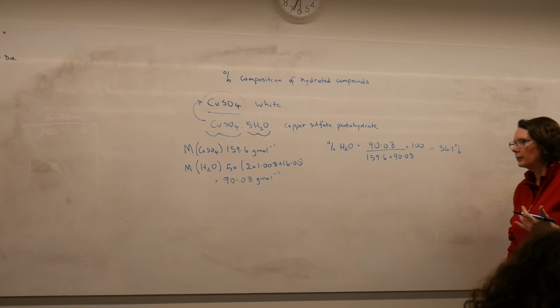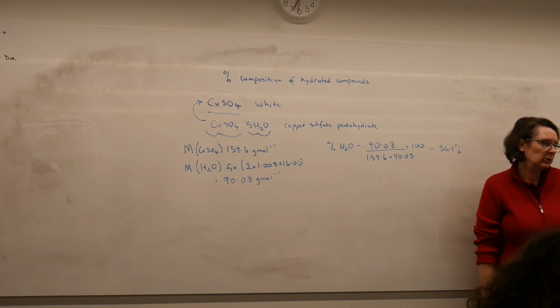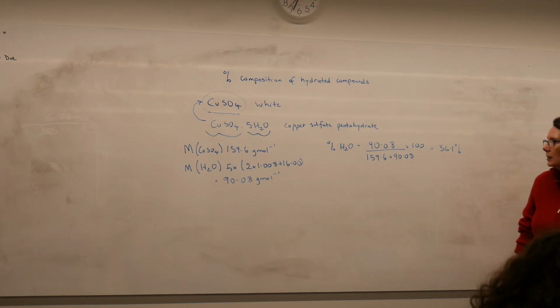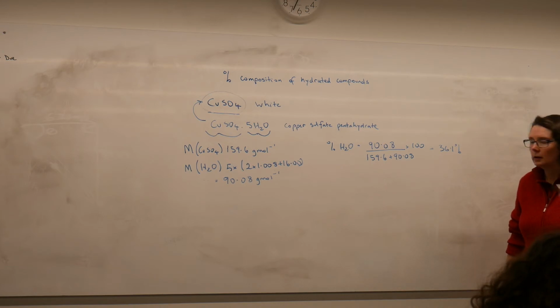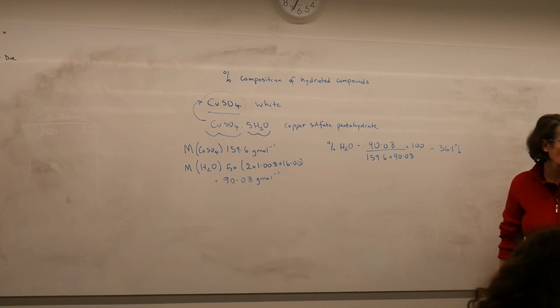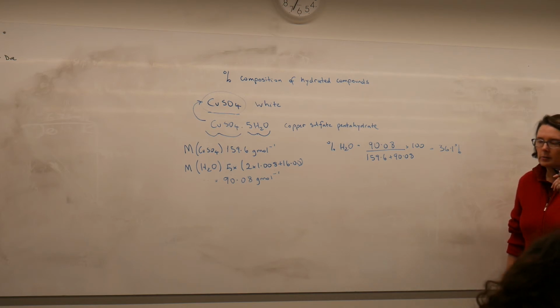So by far, the most common question is the percent water in a hydrated compound. The next most common question would be to, for example, find the percent copper in this, and then to find the percent water, so to have to find 2.